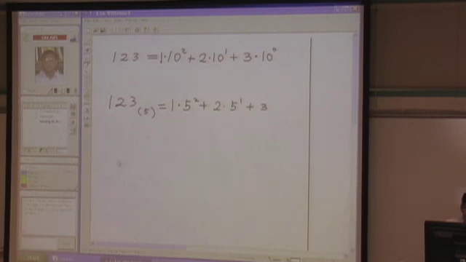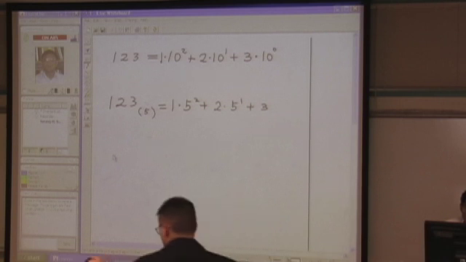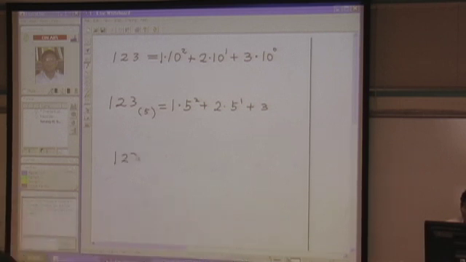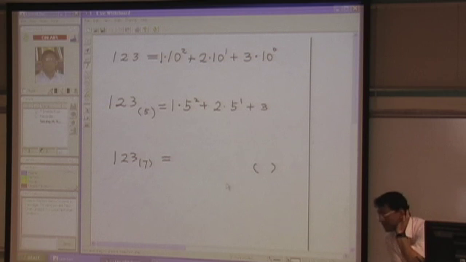For instance, assume that we have a number such as 123 in any base. What number do you want? Let's use 7. Then I want to convert it to a different base. What base do you want? 4. So let's convert.